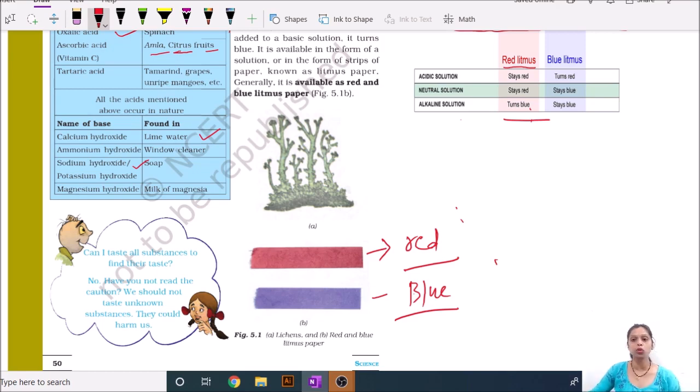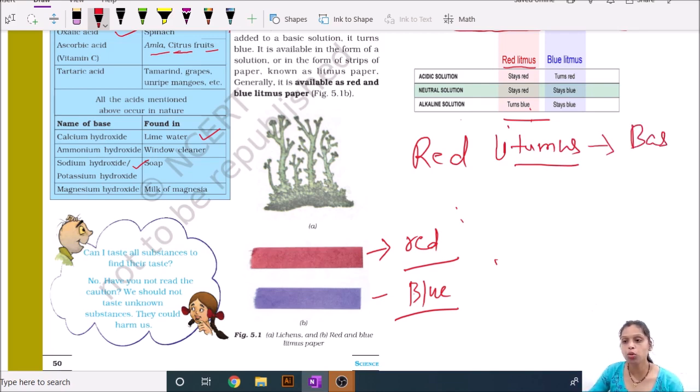Then what it shows here is when red litmus paper is put into a basic solution, its color is turned into blue.